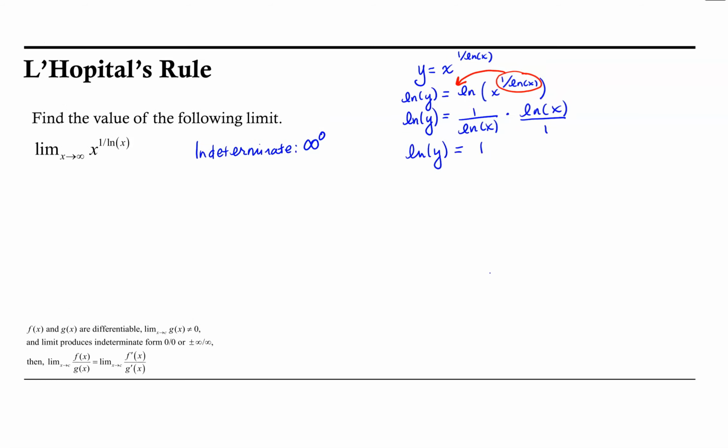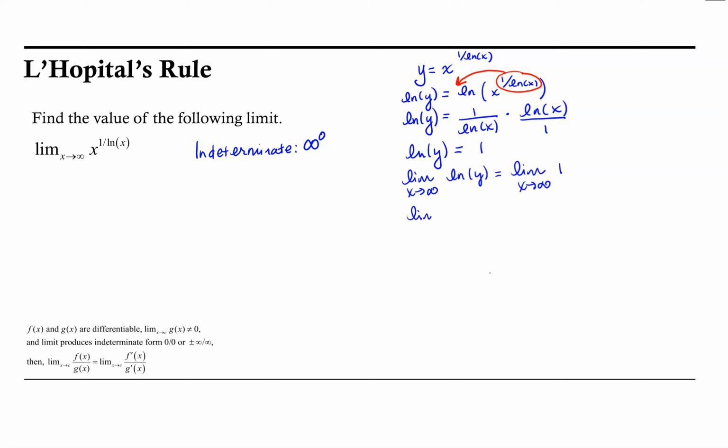Now recall that we're interested in the limit as x approaches infinity. So the limit as x approaches infinity of the natural log of y is equal to the limit as x approaches infinity of 1.